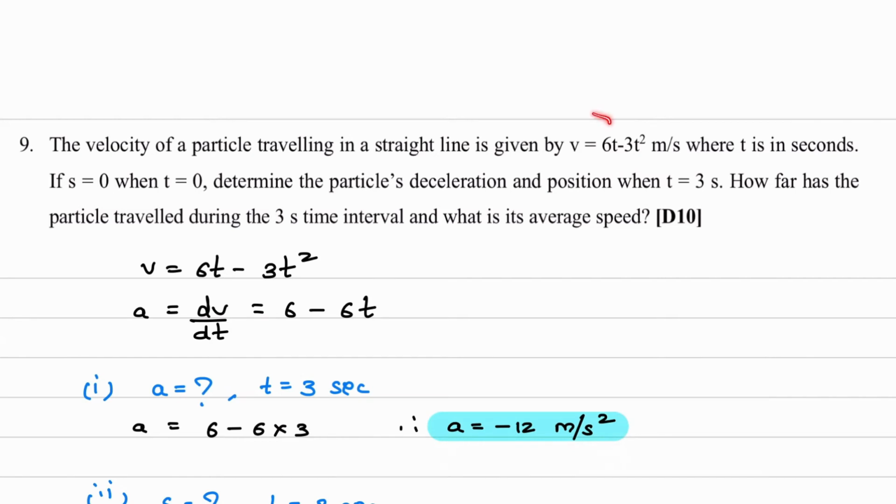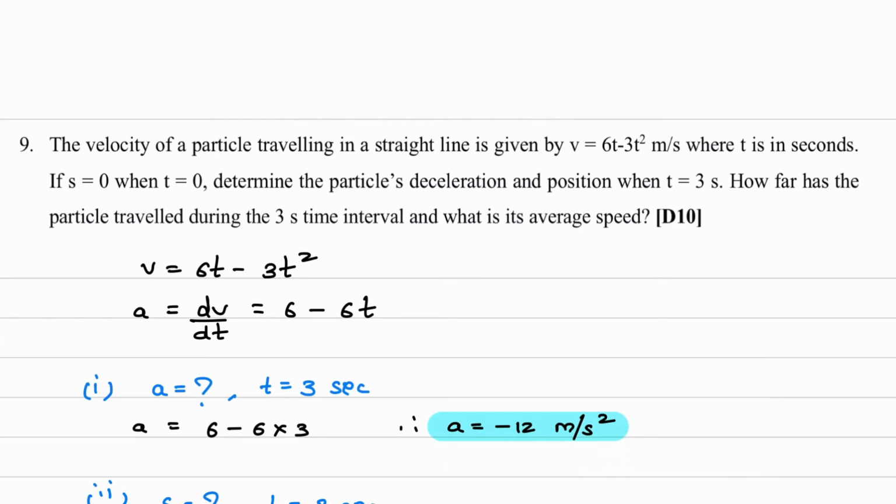The velocity and time relation is given. And in the calculation we had done, at t equal to 0, S is 0, and at t equal to 3 seconds, again S is 0. So the particle has returned to the original position. It means the particle has reversed its sense of motion.